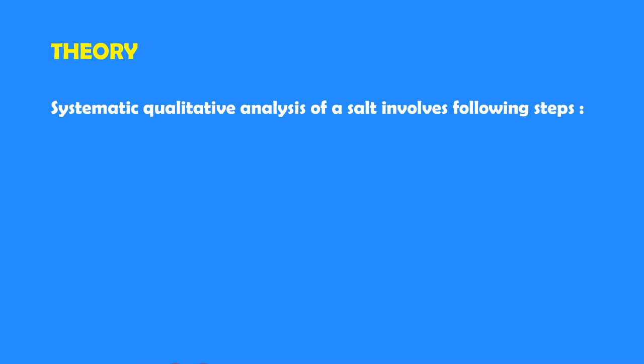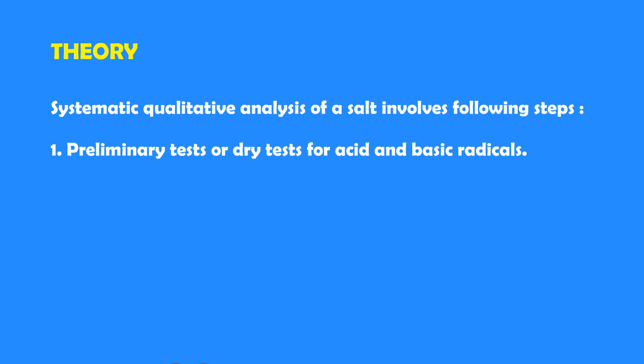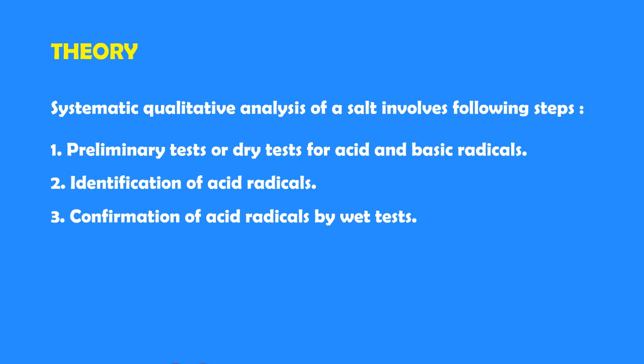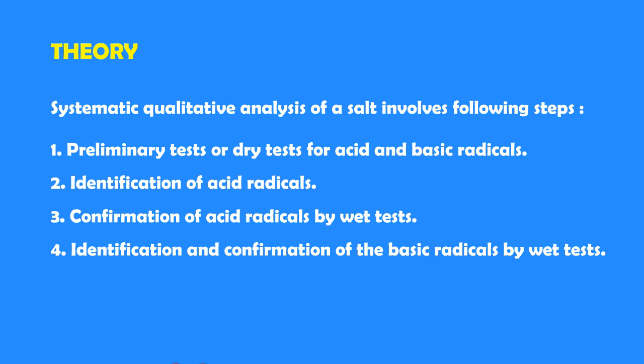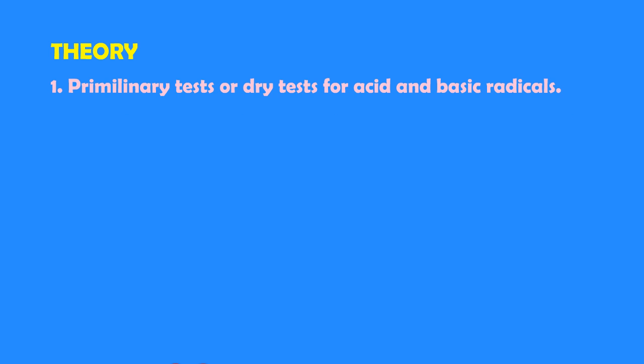Systematic qualitative analysis of a salt involves the following steps: preliminary test or dry test for acid and basic radicals, identification of acid radicals, confirmation of acid radicals by wet test, identification and confirmation of the basic radicals by wet test.